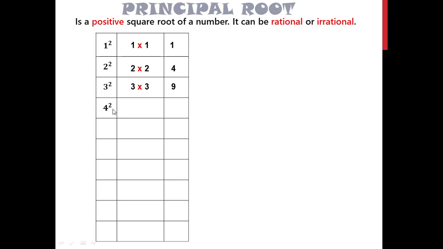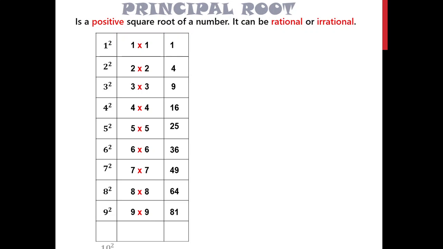And so on here. 4 squared, we have 4 times 4, we have 16. 5 squared, that's 5 times 5, equals 25. 6 squared, that is 6 times 6, equals 36. 7 squared, that is 7 times 7, equals 49. 8 squared, that's 8 times 8, equals 64. 9 squared, that's 9 times 9, equals 81. And then we have 10 squared, that's 10 times 10, equals 100.